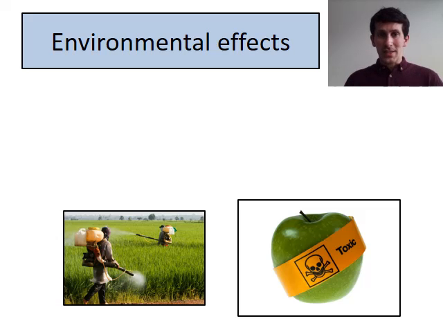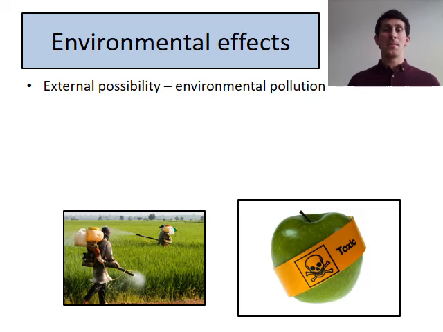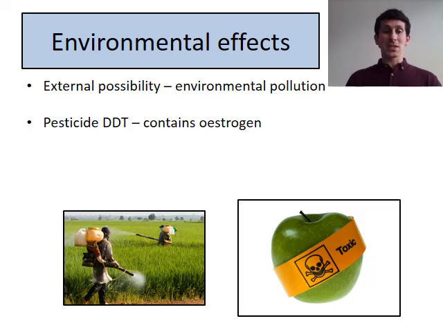It's also been suggested that there might be environmental effects, and this is a nice little one if you get time to slip into your essay. And this is all to do with pollution. So pesticides over crops contain DDT, and some of you who have used insect repellents will also see the words DDT written on the front of them.